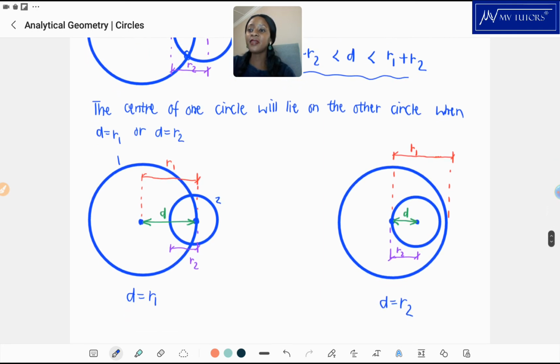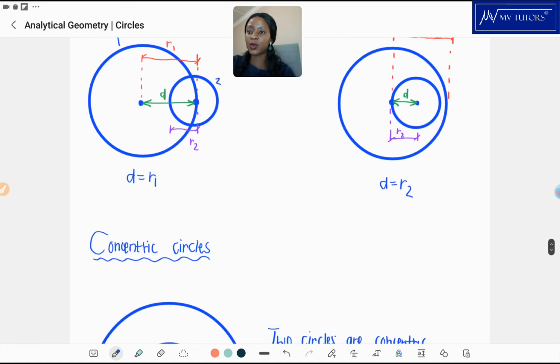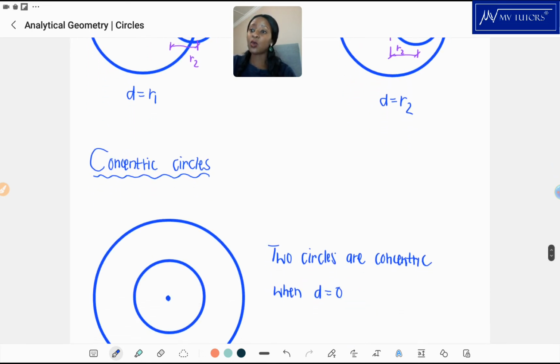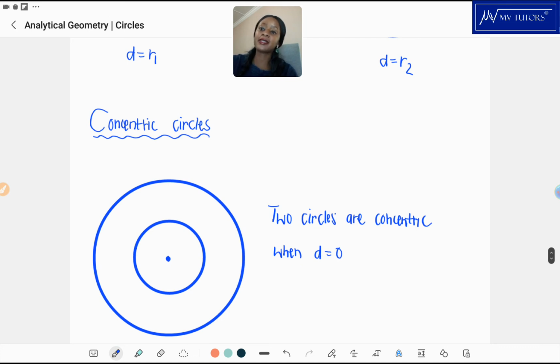And then lastly, with regard to theory, we also have concentric circles. What are concentric circles? Concentric circles are two circles which share the same center.